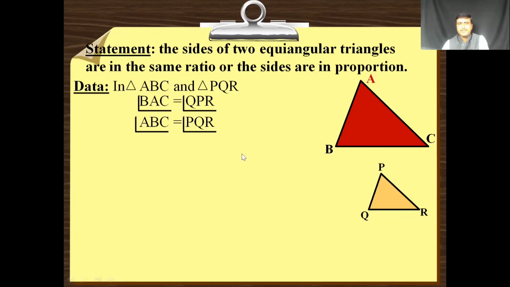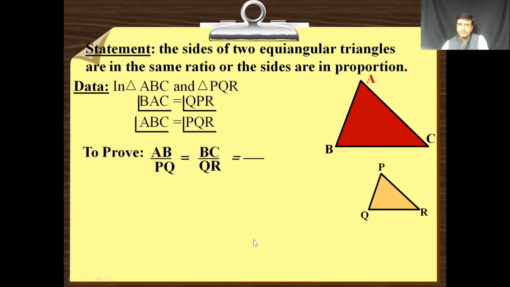Okay, done. Then after that, what is the task assigned? The task is if the angles are equal, sides are in proportion. That is what the task is. The side AB of the mother triangle is in the same ratio to PQ. Same ratio means equal. Consider the second side: B is equal to Q and C is equal to R. The line joining BC and the line joining QR, that is BC and QR, are in the same ratio.